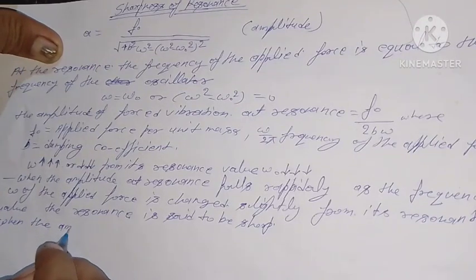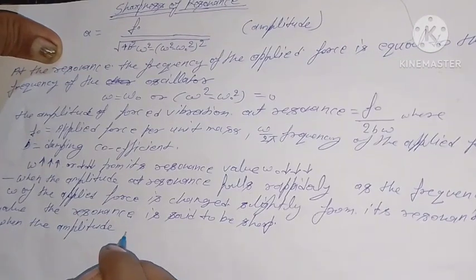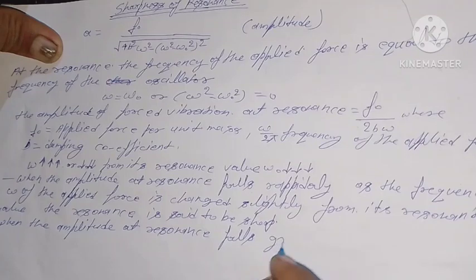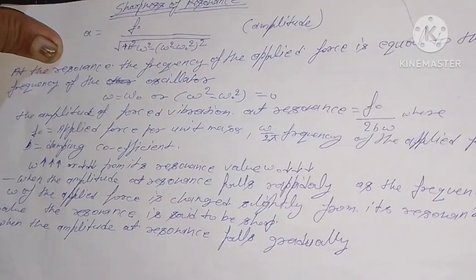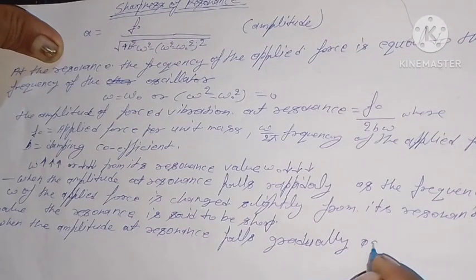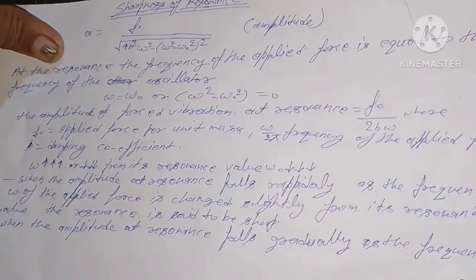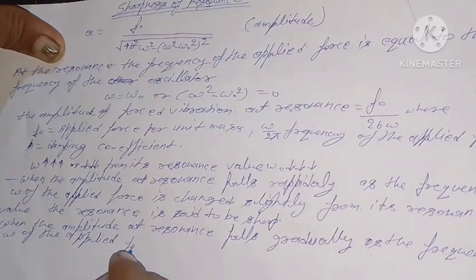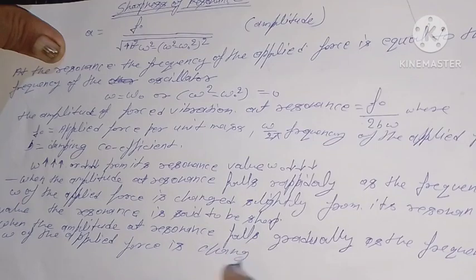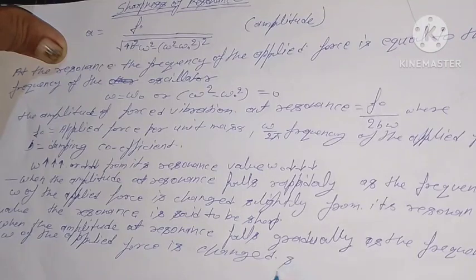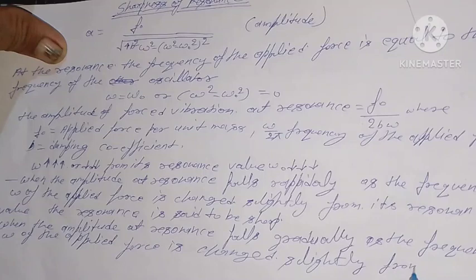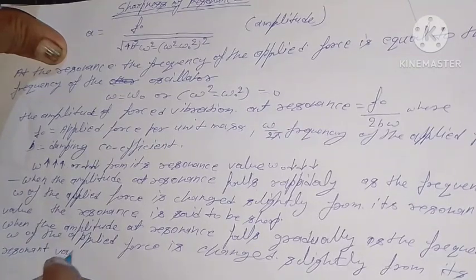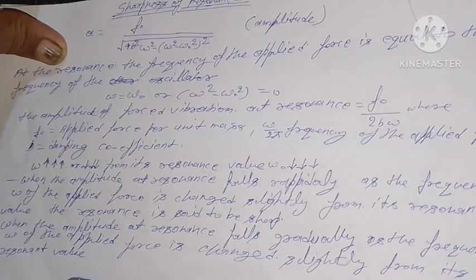And when the amplitude at resonance falls gradually as the frequency omega of the applied force is changed slightly from its resonant value, the resonance is said to be flat.